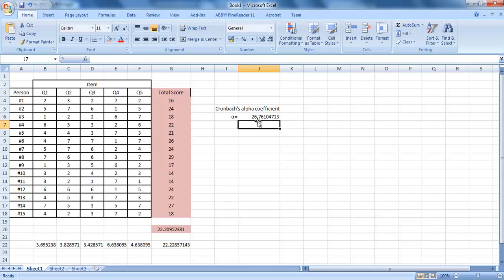Okay? So an alpha coefficient will not go over 1. So I have made a mistake. So I'm going to check my formula. So, oops. So I need to enclose this whole expression in a pair of parentheses. So G20 minus G22 over G20. So what is wrong with my calculation?